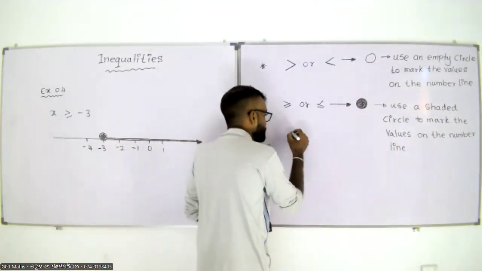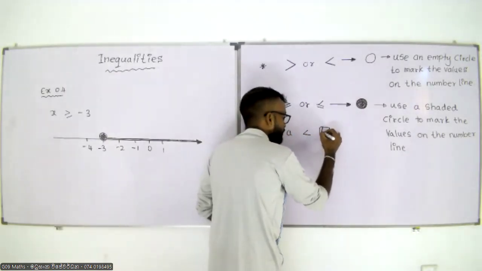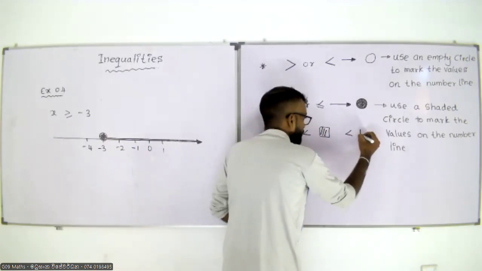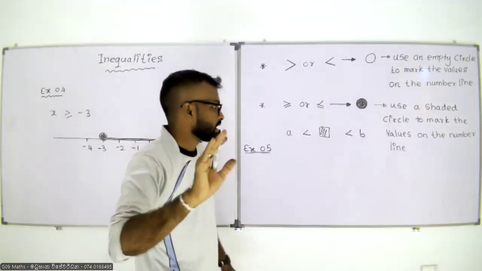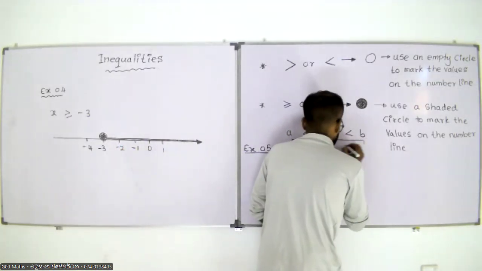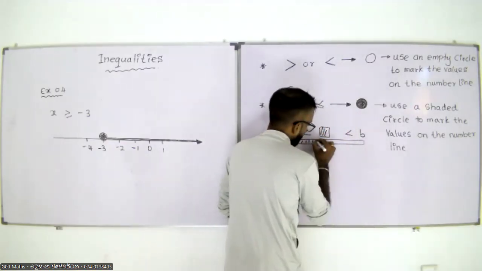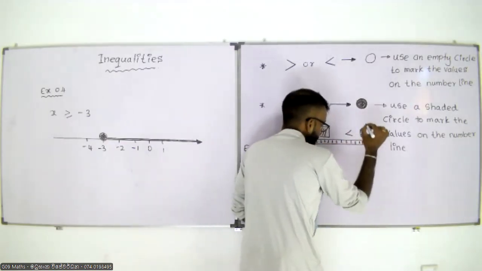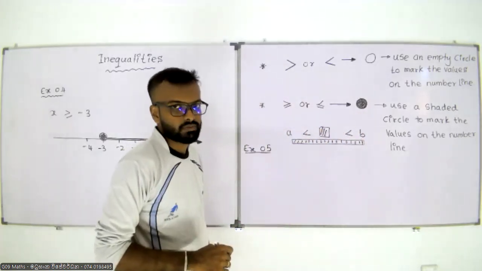It is something like this: A is less than x, and x is less than B. All the possible solutions lie in between A and B. In between these two values, you have the answer.